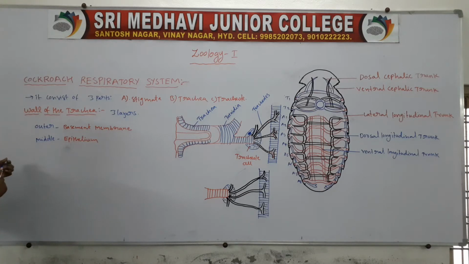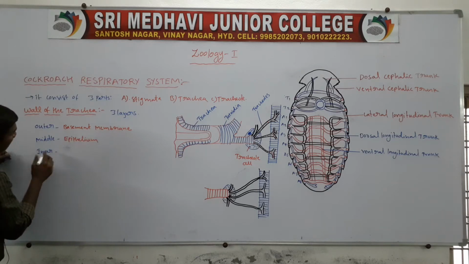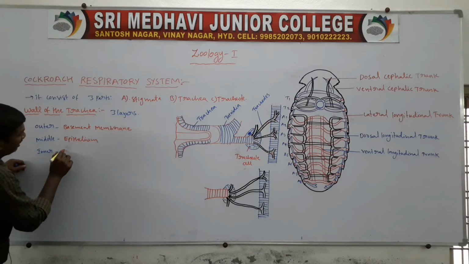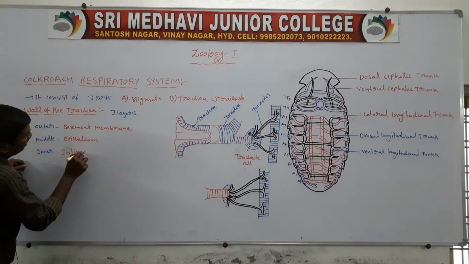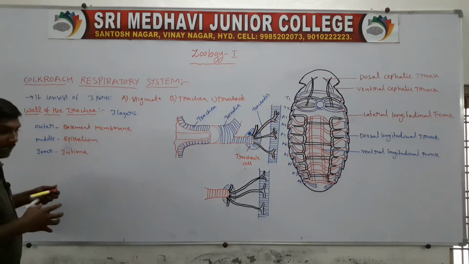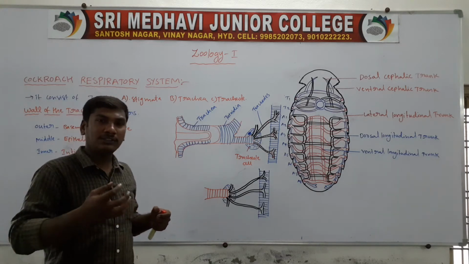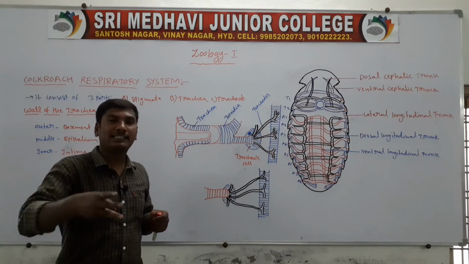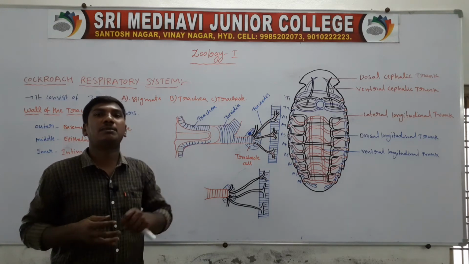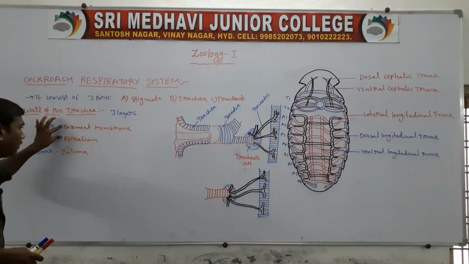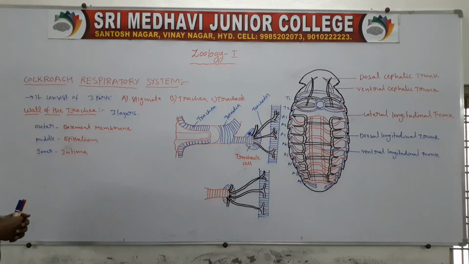Third, the inner intima. So the cockroach trachea is formed by mainly three layers: outer basement membrane, middle epithelium, and inner intima.